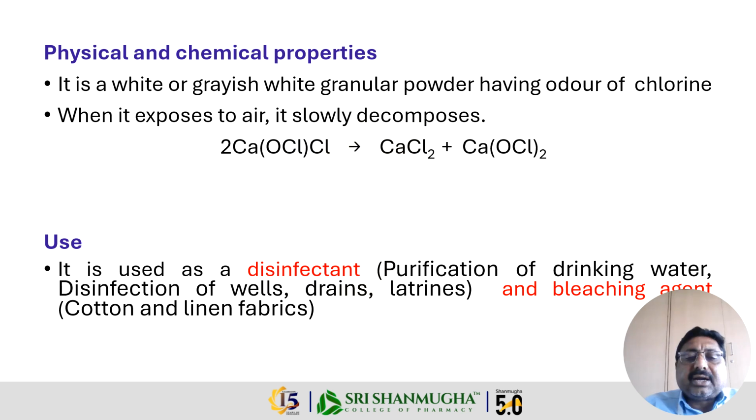It is used in the purification of drinking water, and also in the wells, drainage and latrines as a disinfectant. It is also used as a bleaching agent, mainly cotton and linen fabrics are bleached using this bleaching powder.